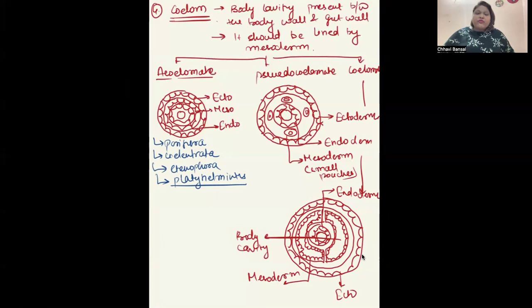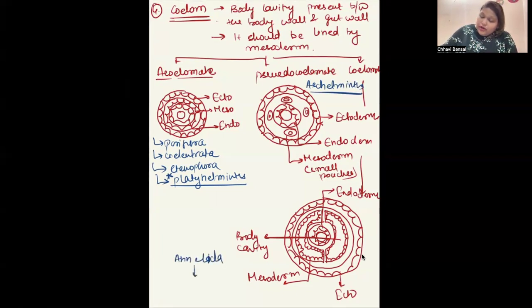So the structure that we have drawn is Platyhelminthes. Next, pseudocoelomate. It is only and only the phylum Aschelminthes. The only phylum that has pseudocoelom is Aschelminthes. Very, very important. And then starting from Annelida till Chordata, all are coelomate.